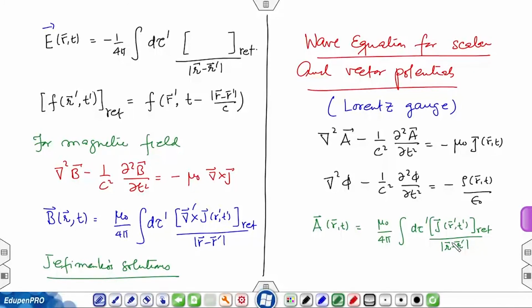And similarly, I can write phi(r, t) equals 1 over 4 pi epsilon 0 integration d tau prime rho(r prime, t prime) retarded over |r minus r prime|. Let me write these terms in a very explicit manner next, so that we understand the meaning of it.